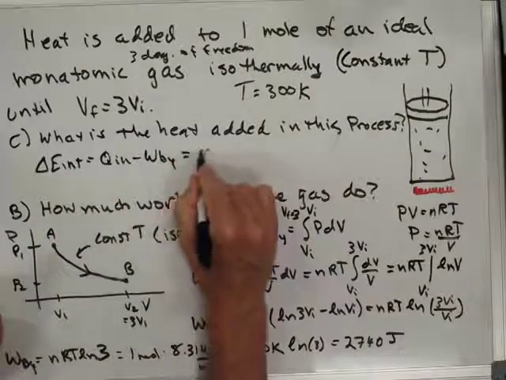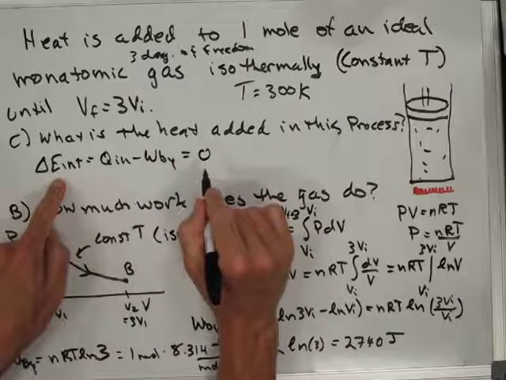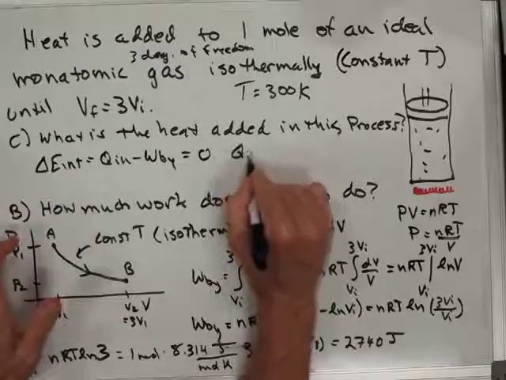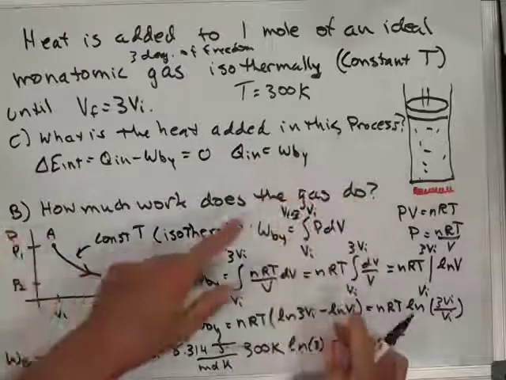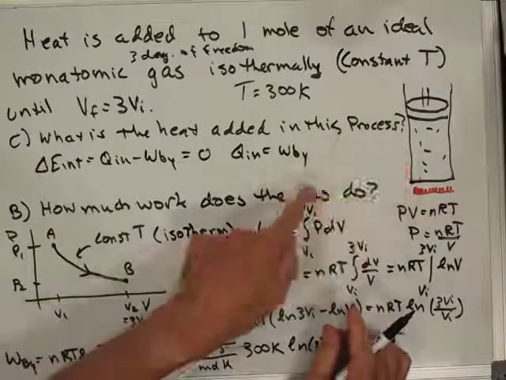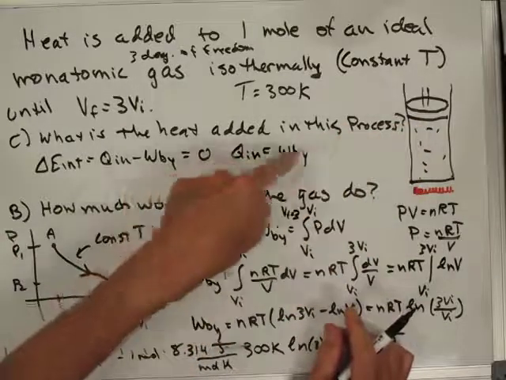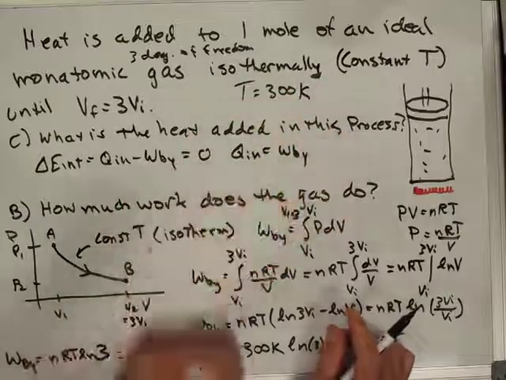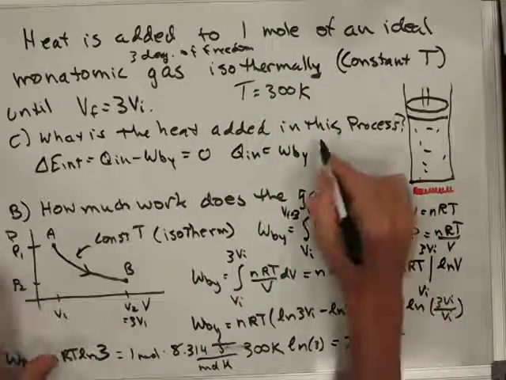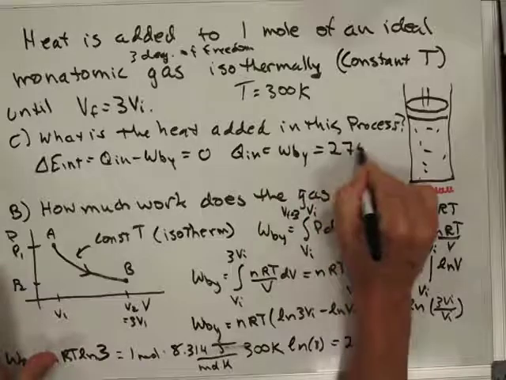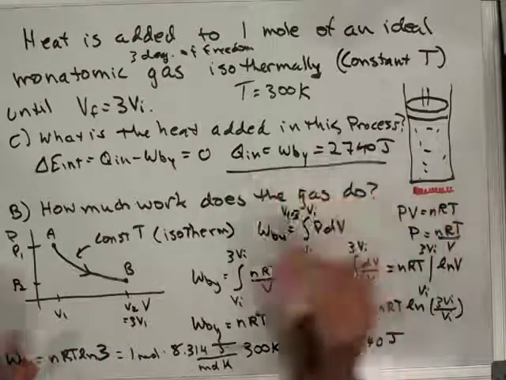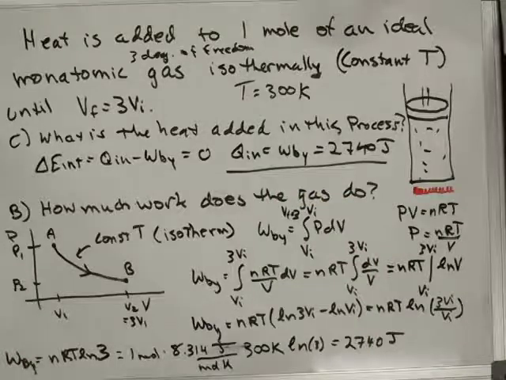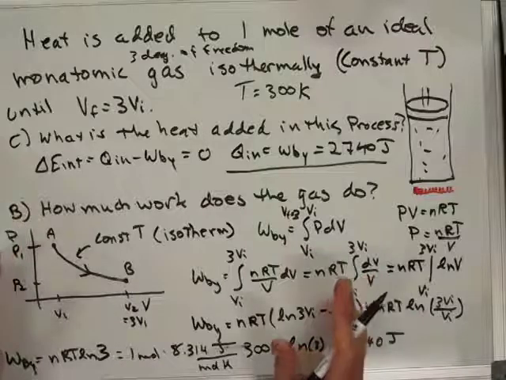But we already know from part A that the change in internal energy is 0, and so that means that Q in is equal to the work by, which makes sense, right? If you want to keep a constant temperature, however much work you're doing, you have to replace that much heat so the gas doesn't cool down. And so this is just 2,740 joules. Isothermal processes have no change in internal energy.